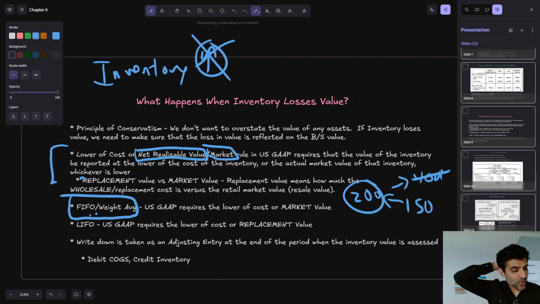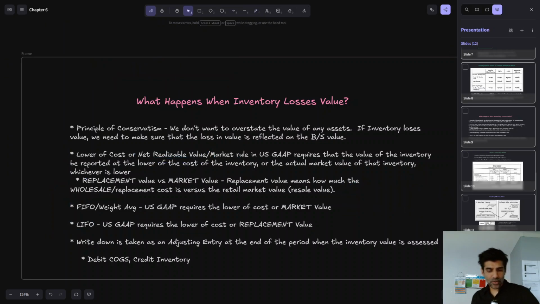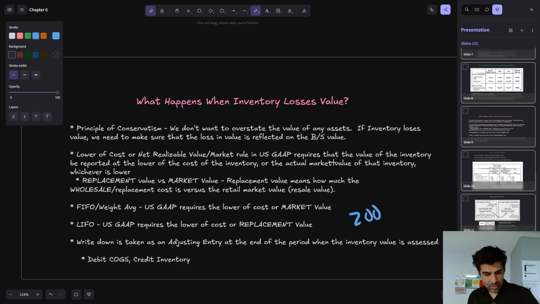Okay, if you're using LIFO, it's actually more stringent than that. Let's do the same thing. If you had bought it for 200, let's say the retail price is 350, so you could still sell it and make a profit based on what you bought it for, but the wholesale price is 150, meaning how much you can buy it from a vendor in a large quantity, that has gone down.